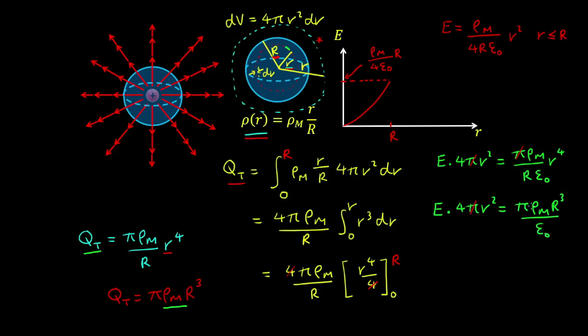So if we do some cancellations, our electric field is rho m r cubed on 4 epsilon naught by 1 on r squared, where r is greater than or equal to the radius of our charged sphere. So therefore the strength of the electric field outside this sphere drops off with r squared. So the charged spherical body behaves like a point charge.